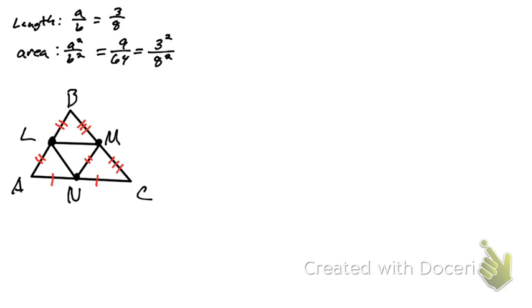Find the ratio of the perimeters. So you really didn't have to come up with similar triangles at all. You just had to realize this length is the same as this length, and this length is the same as this length. So we have 1, 2, 3 of the same length, where this one has 1, 2, 3, 4, 5, 6.